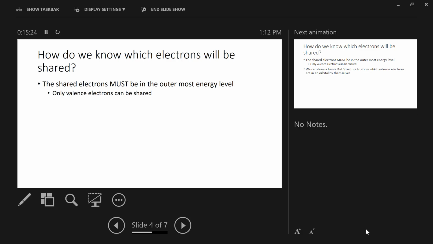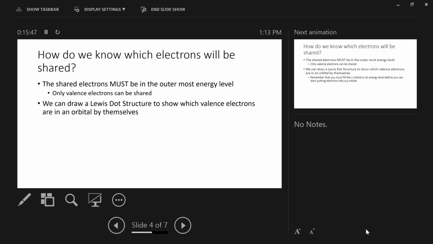So that is, only valence electrons can be shared. Only valence electrons can be shared. All right, that kind of makes sense, right? Only the outermost electrons are going to be able to share.